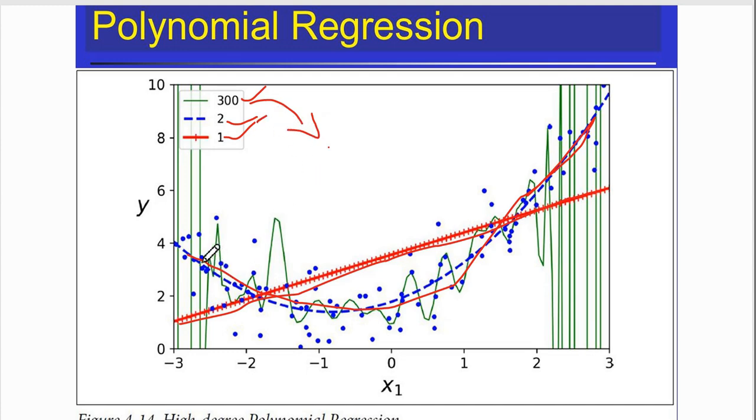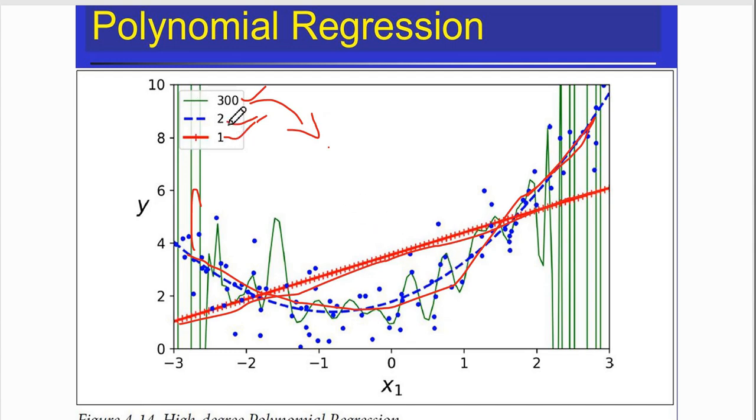But let's see this curve: for degree equal to 300, it is a more complicated curve. So if you increase the value of the polynomial degree, we may get the best training error, but that may fail on a new data point. That means a higher degree value may suffer from the overfitting problem.